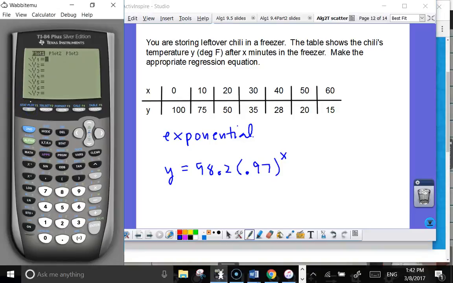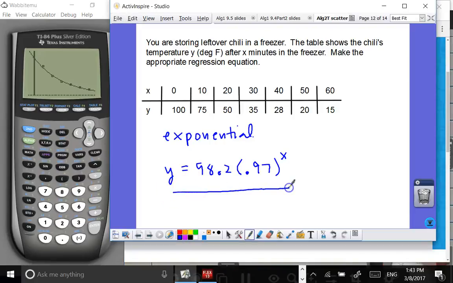And just because I want to see this, I'm going to go vars 5 EQ 1, graph. Now, it doesn't hit every point exactly, but it's a best fit line. It looks pretty good. Okay. They didn't actually ask us to make any predictions here, so the answer was this.